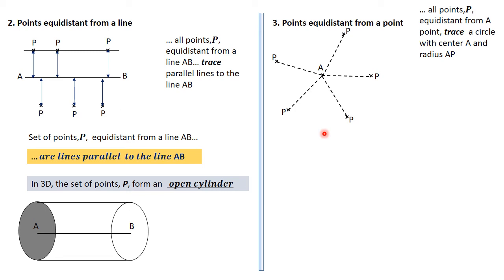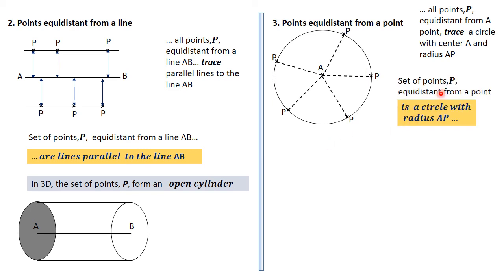Then what you're talking about is a set of points on the circumference of a circle whose center is A and whose radius is AP. That is a circle there. The points P lie on the circumference such that AP is a radius and A is the center. The set of points P equidistant from a point is a circle with radius AP, as I have said.